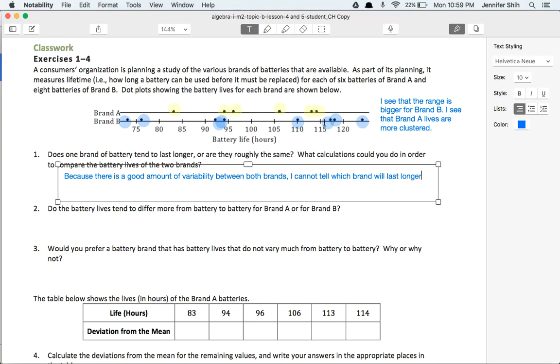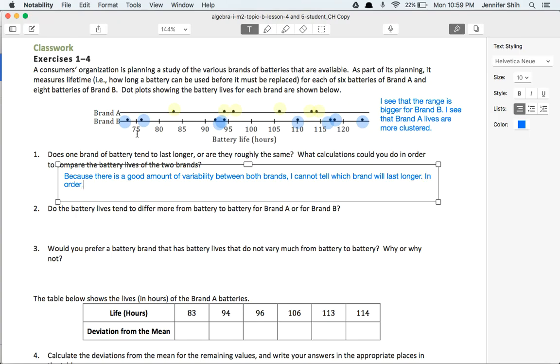Because even though there was like a couple of points that are like around 120, these aren't that far off, and they also have inconsistent batteries that are like below 70 hours, so I can't really tell.